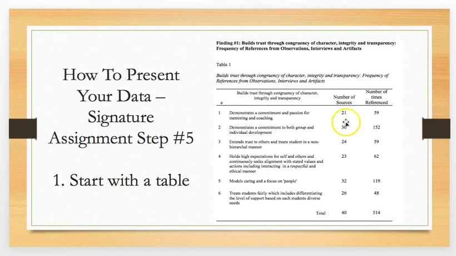She displayed those 6 child themes in numeric form on this table: how many references were made and the number of sources they came from. That totaled 514, as you can see here.